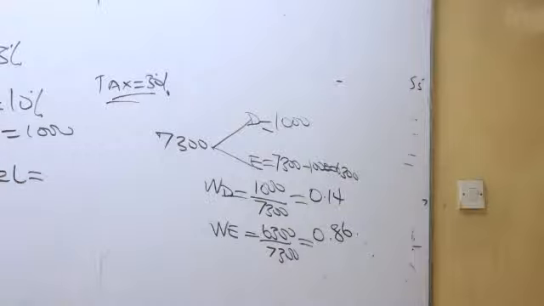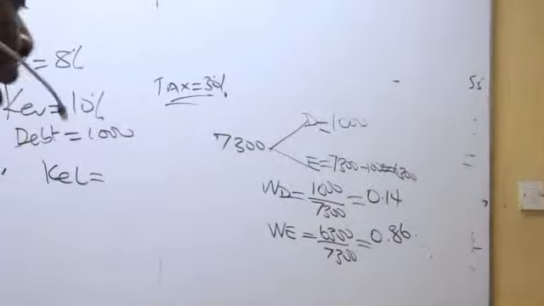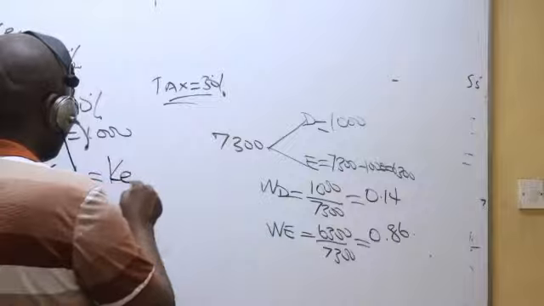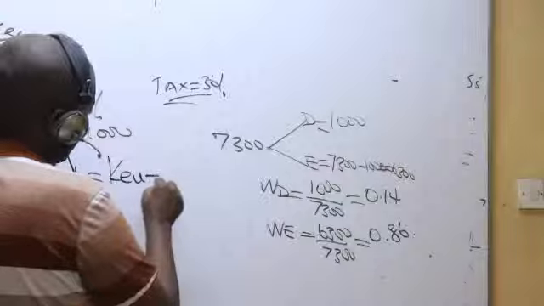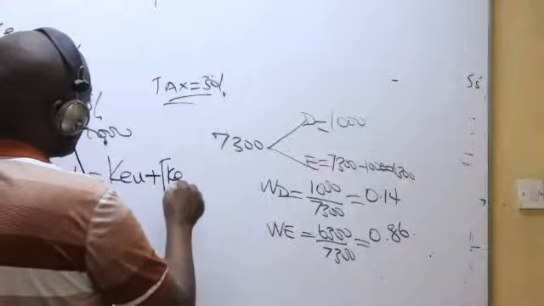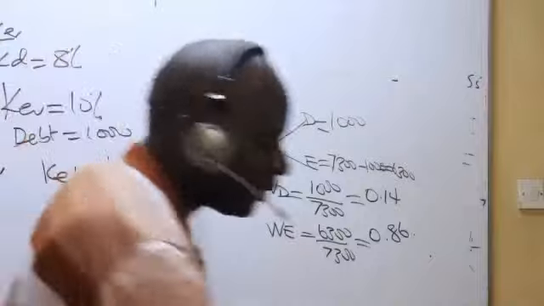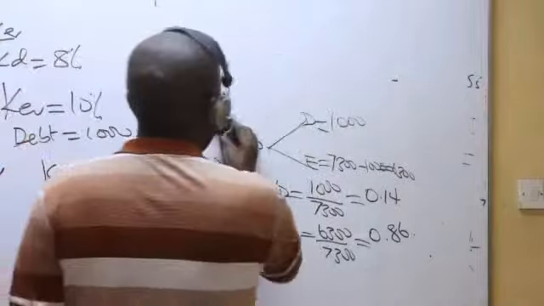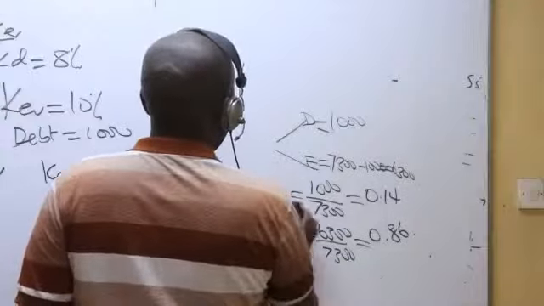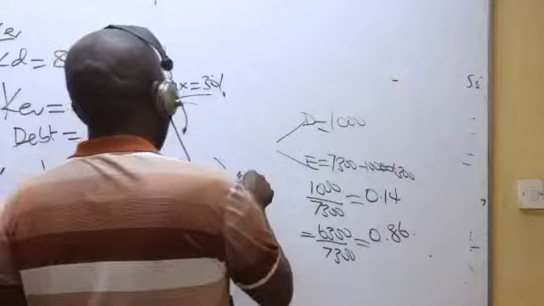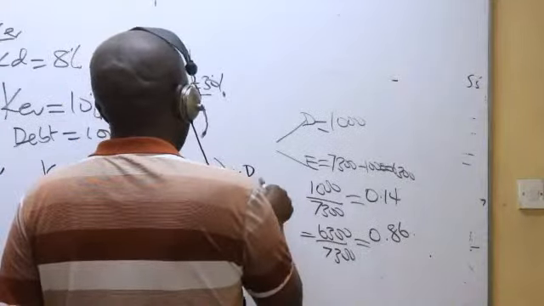John Mudiani, Ke is Ku plus, not minus, but plus, (Ku minus Kd) into debt over equity times (1 minus tax).